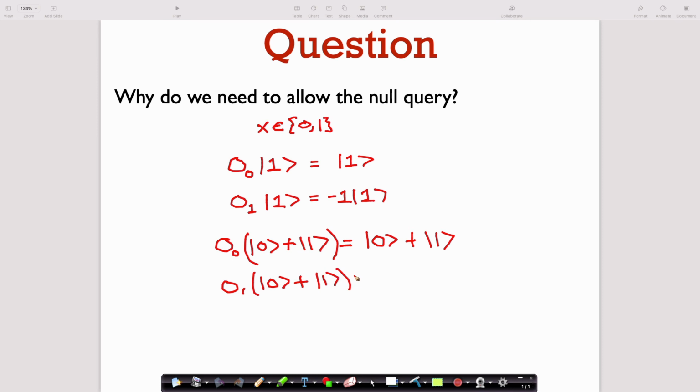The 0 state is just mapped to the 0 state, that's the null query. But on the 1 state, we're going to flip the phase. And now these two states are orthogonal. So now we can distinguish these two states by a measurement. So that's why we need the null query.